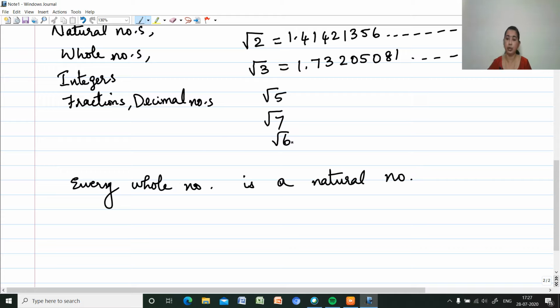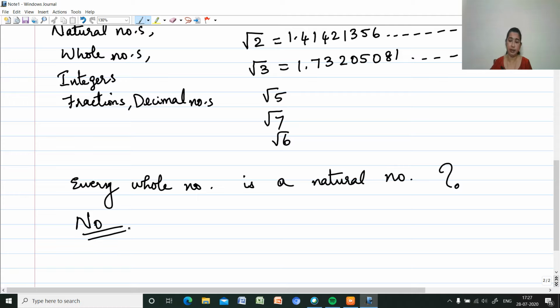Is every whole number a natural number? No, it is not. Why? A whole number consists of 0, 1, 2, 3, etc., whereas a natural number consists of only 1, 2, 3, etc. So every whole number is not a natural number.